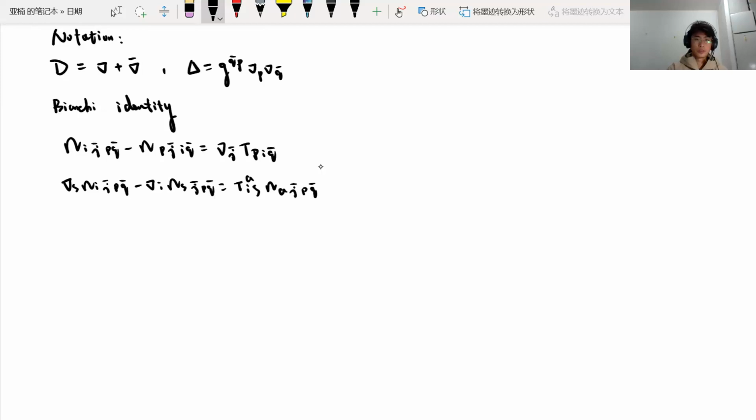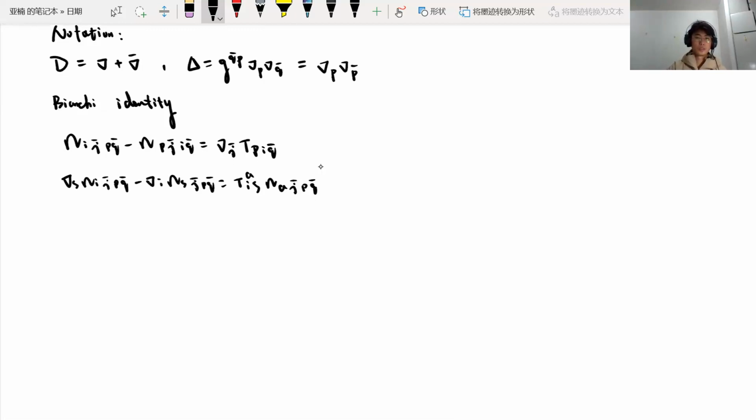And maybe for convenience, we omit the metric. Taking the principal metric, we use the same notation. If the subscript is the same, we omit the metric. We use the same subscript to denote the trace given by the metric.